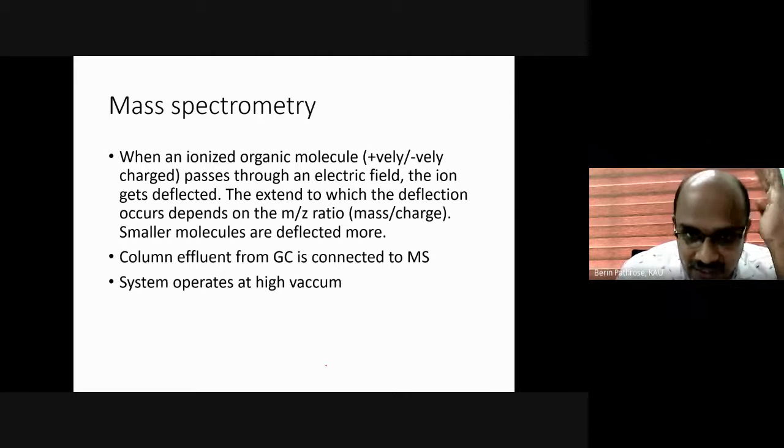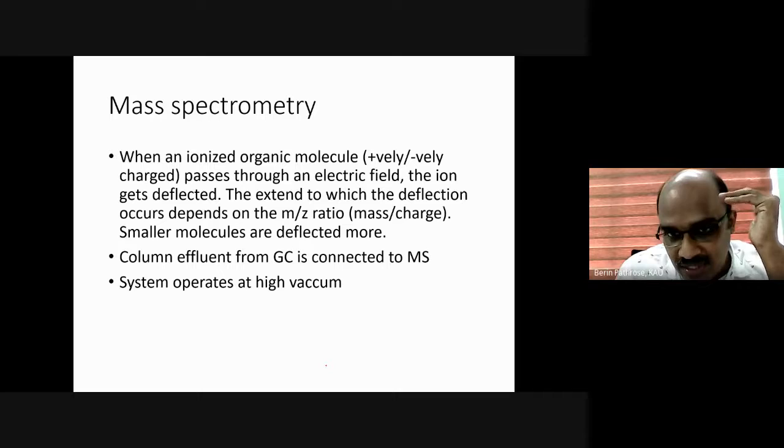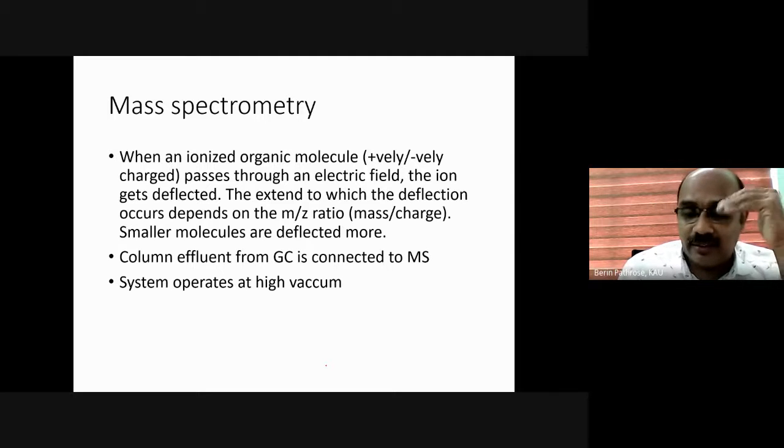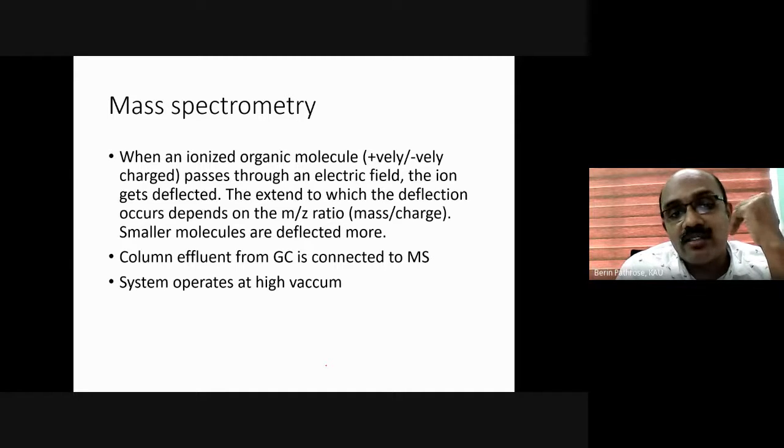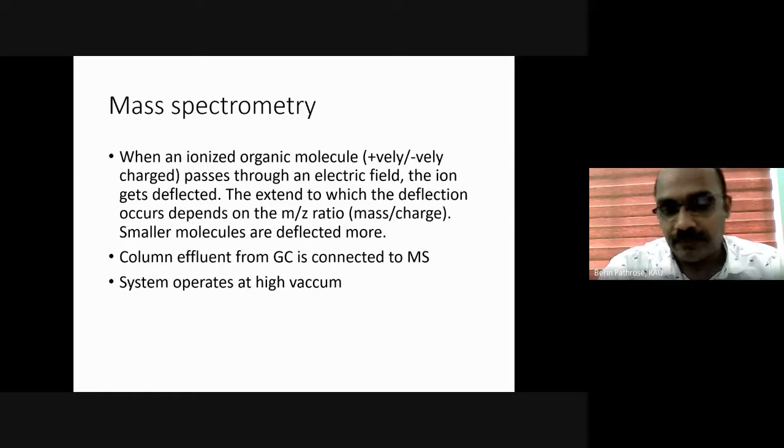And spectrometry tries to detect the molecular weight based on the mass by charge ratio. I will give an example. Just listen to me.